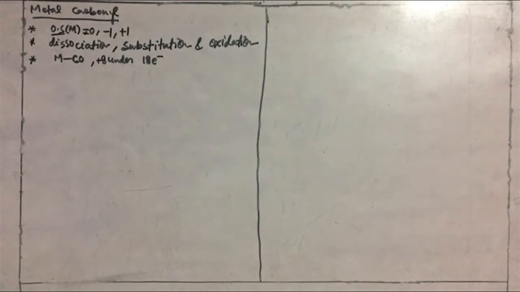As I told in my previous lectures, when any organometallic complex is given, it will follow 18 electrons. So the valence electron count should be 18 if the complex is stable, and if not stable, then it will be less than 18 or greater than 18 electrons.